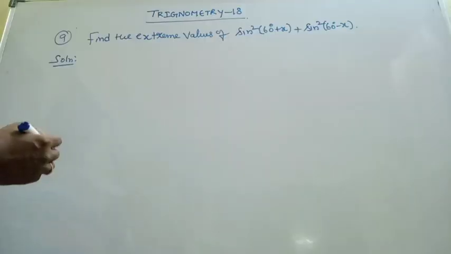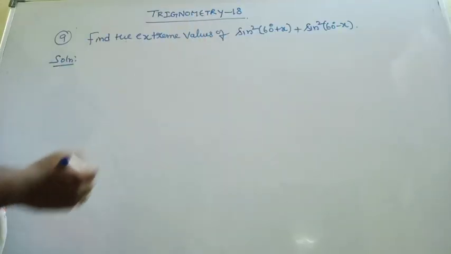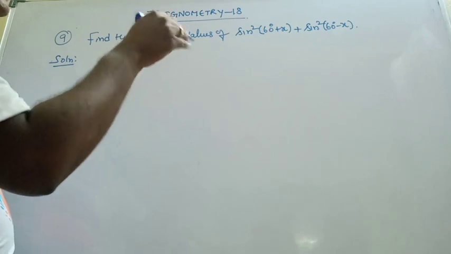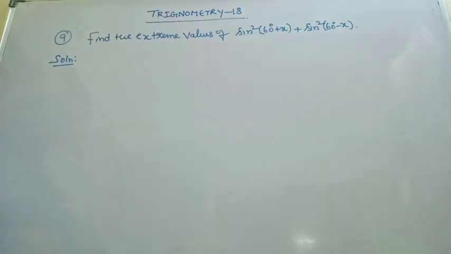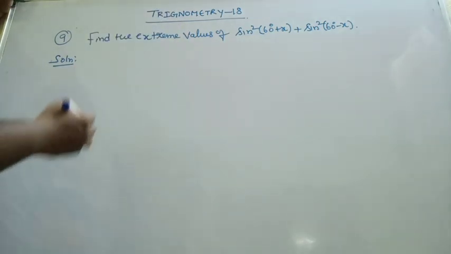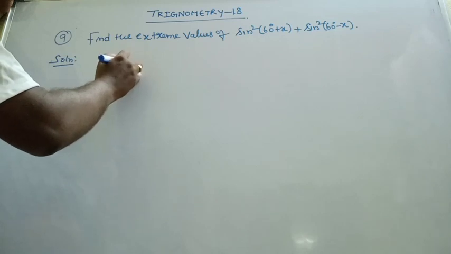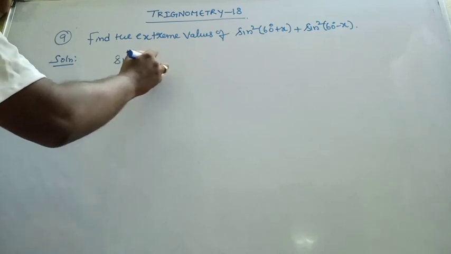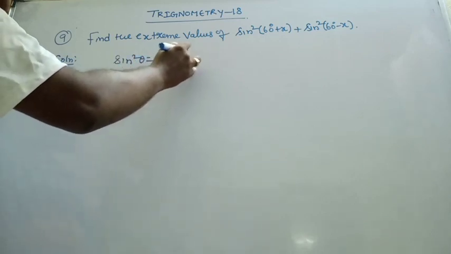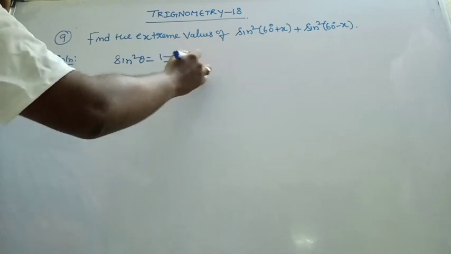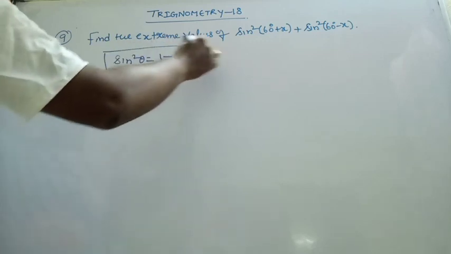Now we have the ninth problem. Find the extreme values of sin²(60 degrees plus x) plus sin²(60 degrees minus x). How? Just now we told you one formula, sin²θ equals (1 minus cos 2θ) by 2. We are going to use this formula.